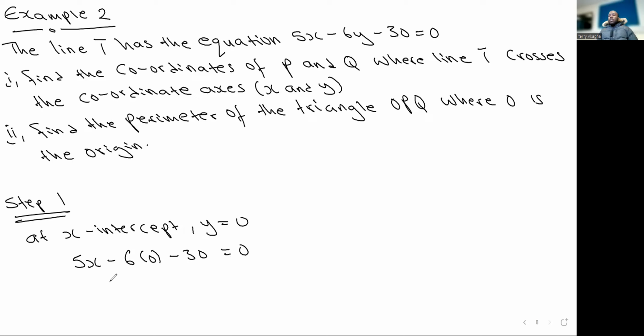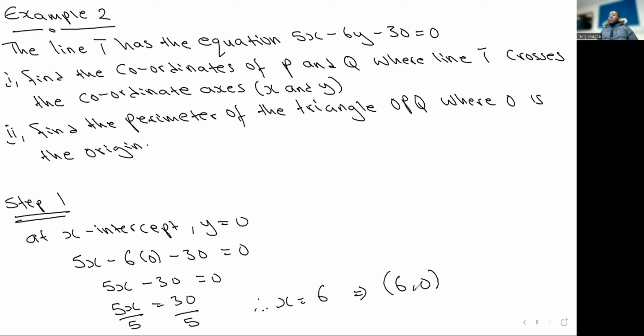This will give us 5x minus 30 is equal to 0. Take 30 to the other side, so it's going to give us 5x is equal to 30. Then divide both sides by 5. So therefore, x will be equal to 6. We can then write this correctly as the coordinates: x is 6 and y is 0.